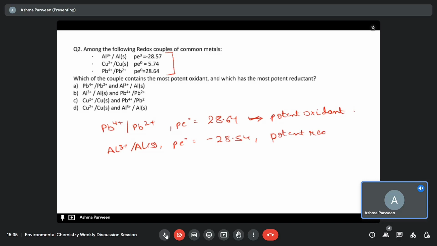So simply by looking at the values of pE naught, we can find out which will be the oxidant and which will be the reductant. So let's move to the next question.